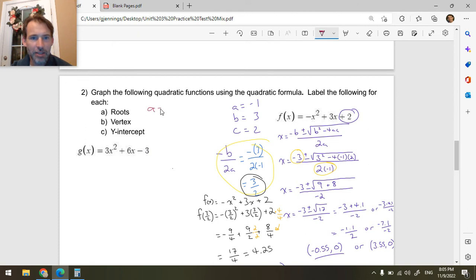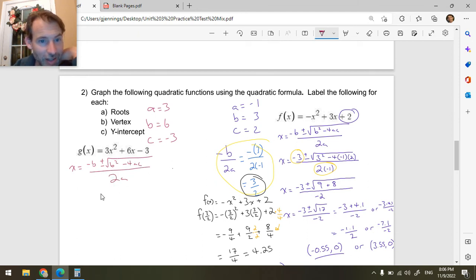So here I have a equals 3, b equals 6, and c equals -3. All right, so let's just plug it into the quadratic formula and find our roots. So x is equal to -b plus or minus the square root of b squared minus 4ac over 2a, and that's equal to -6 plus or minus... I'm going to skip steps now. 36 is 6 squared, minus 4 times a times c.